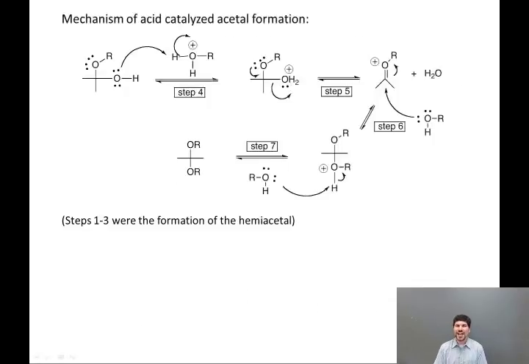And on this slide, I'm only going to go through the mechanism of the conversion of the hemiacetal to the acetal. Steps 1 through 3 of the overall mechanism we covered in the last video, where we talked about formation of the hemiacetal. So step 4 is protonation of the alcohol to make it a good leaving group.